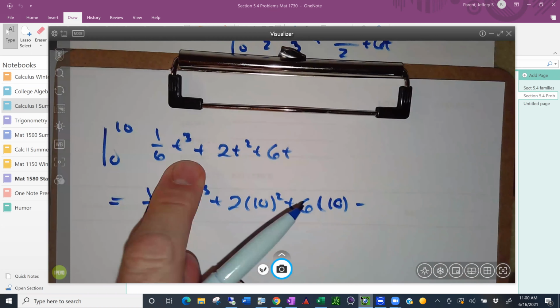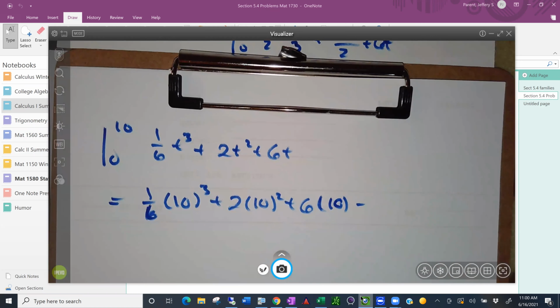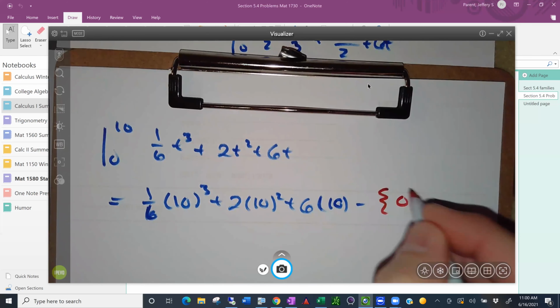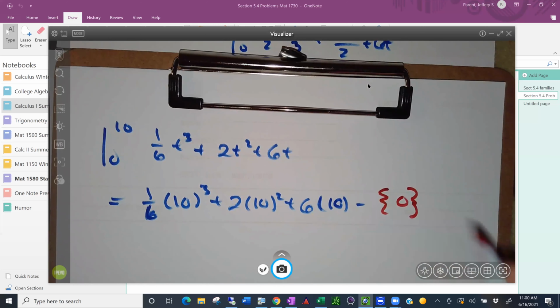But if I put 0 into this function, what am I going to get? 0. So I just typically put minus 0, just to remind myself that there was a 0 there, but that's it. I don't generally put anything really big there.